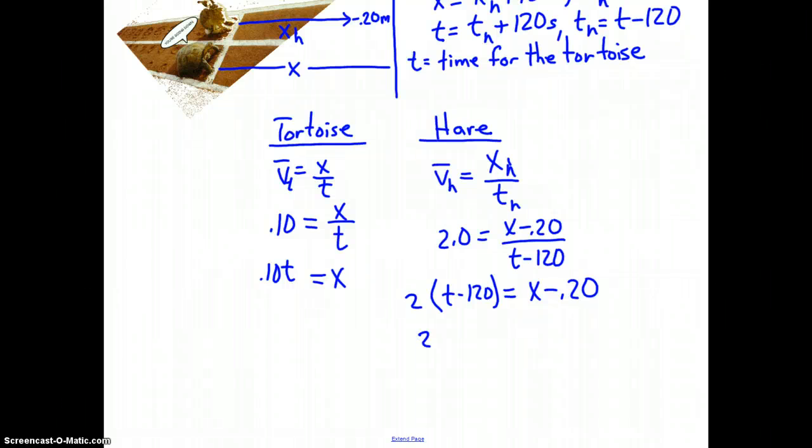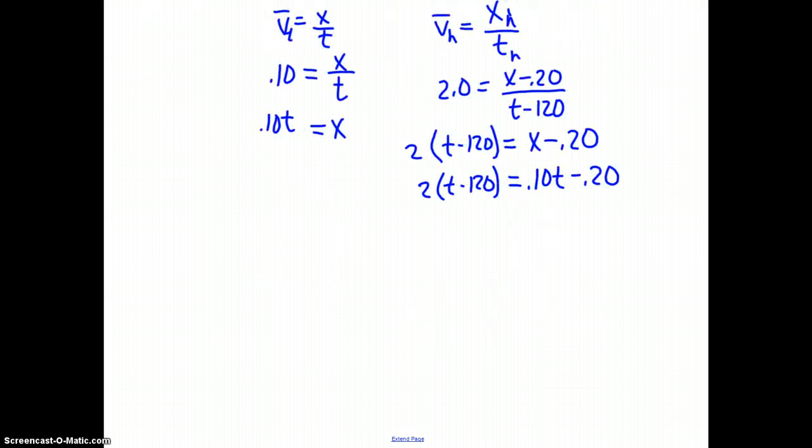So this would be 2 times the quantity t minus 120 equals 0.10 t minus 0.20. Continuing on, distribute the 2: 2t minus 240 equals 0.10 t minus 0.20.